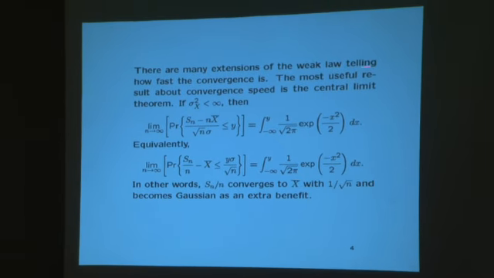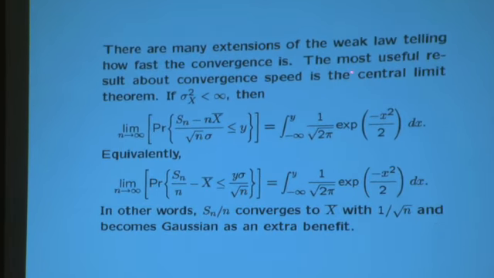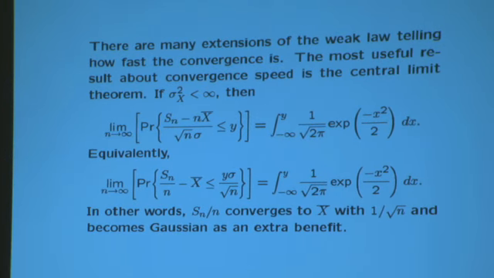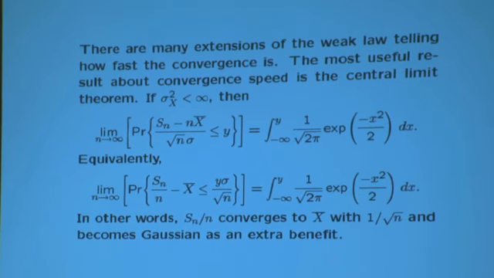There are many extensions of the weak law telling how fast the convergence is. One thing you should always remember about the central limit theorem is it really tells you something about the weak law of large numbers. It tells you how fast that convergence is and what the convergence looks like. It says that if the variance of this underlying random variable is finite, then this limit is equal to the normal distribution function, the Gaussian with mean 0 and variance 1.